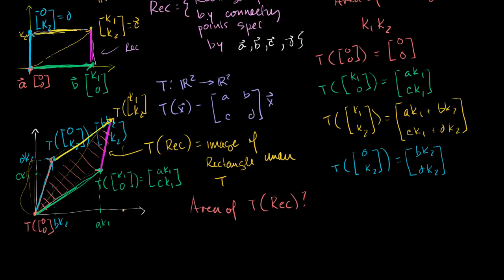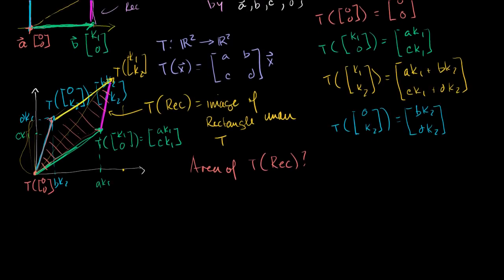Or if we want to write it another way, if we had some matrix whose column vectors are this guy and that guy, so let's say its first column vector is this guy, so AK1, CK1. This one right here was the transformation of K1, 0.